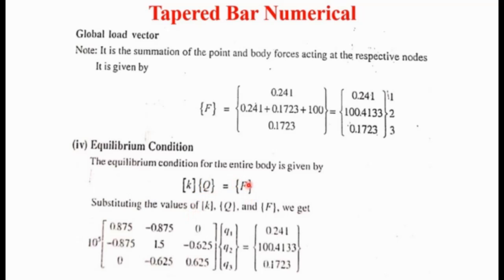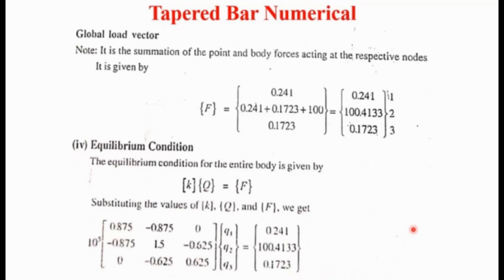So substituting all the values of K, Q and F here, we will get this final equation: 10 raised to 5 into the matrix 0.875, minus 0.875, 0; minus 0.875, 1.5, minus 0.625; 0, minus 0.625, 0.625, into the Q matrix, that is Q1, Q2 and Q3, is equal to the capital F load vector: 0.241, 100.4133 and 0.1723.